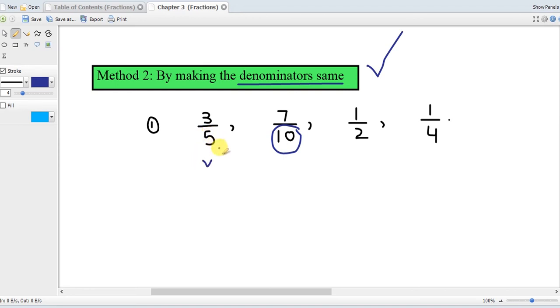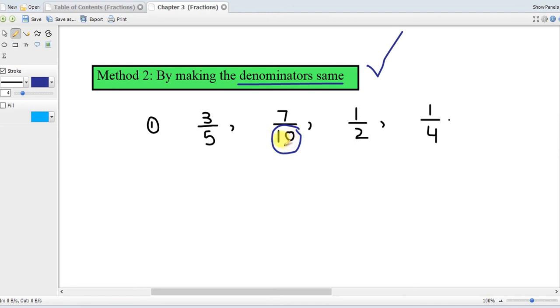We can make this 2 as 10, 2 times 5 is 10, yes. And can we make this 4 into 10? 4 times 1 is 4, 4 times 2 is 8 and 4 times 3 is 12. So we cannot make this 4 as 10, right?